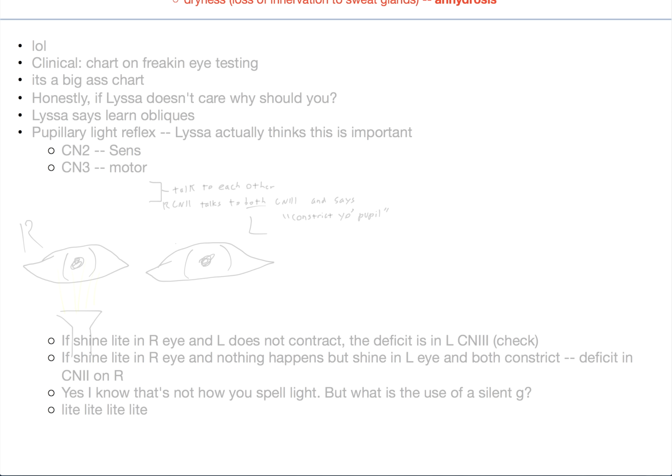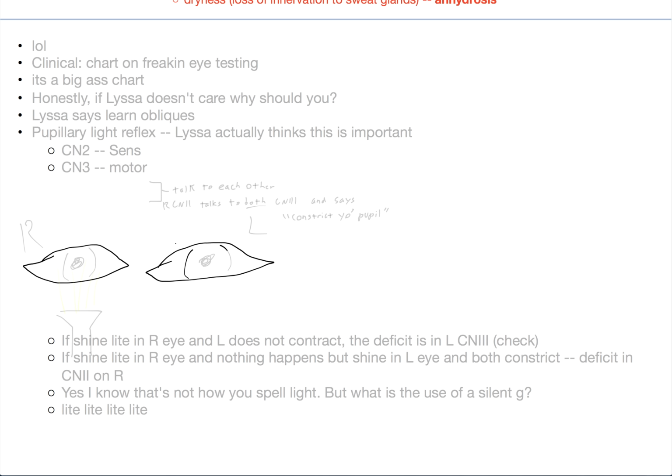So we mentioned it briefly last time when we talked about the optic nerve. Cranial nerve 2 is your sensory limb, and cranial nerve 3 is your motor limb. Okay, let's take a flashlight and shine it in the right eye.